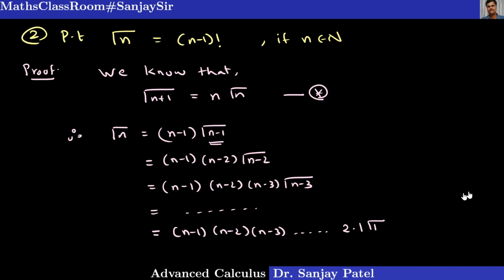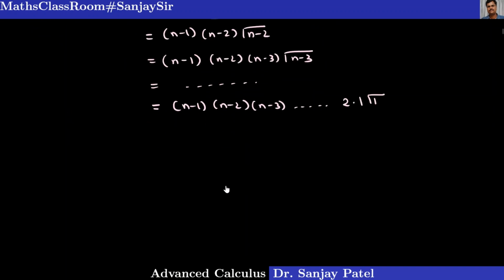Now what remains: here n is a natural number, and the value of this product of the first n minus 1 natural numbers is n minus 1 factorial. So from this step to this step, I can write n minus 1 factorial into gamma 1. But what is gamma 1? Gamma 1 is nothing but simply 1.